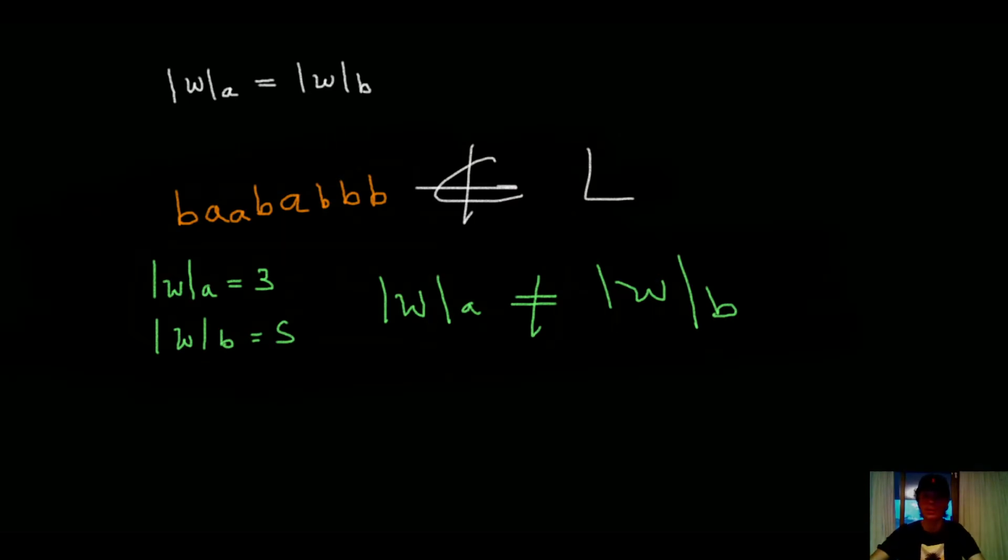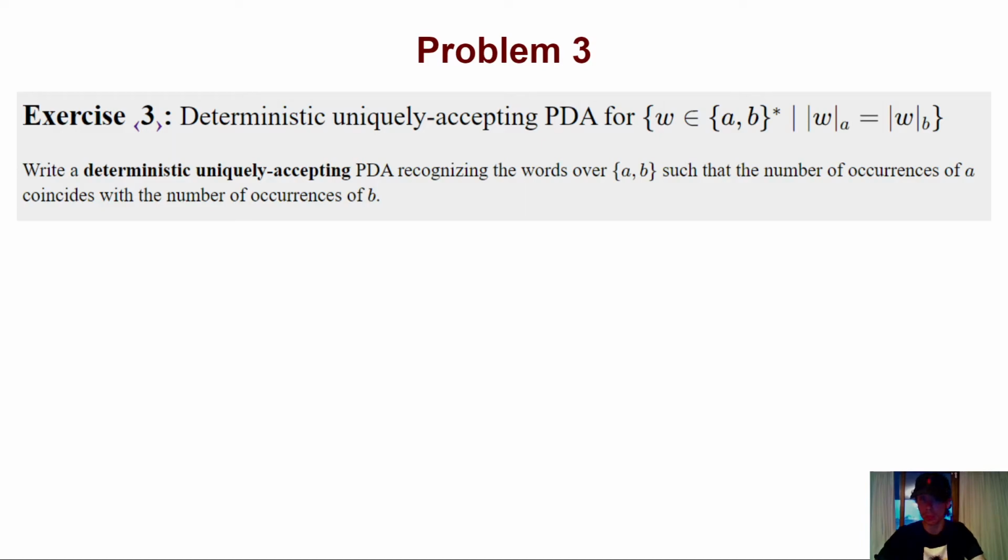So once we know fully how this language works, let's start with the construction of this automata. Now we have understood which words belong to this language and which words do not belong to this language. Once we know that, we can start constructing this automata.